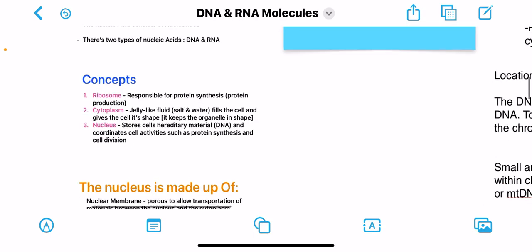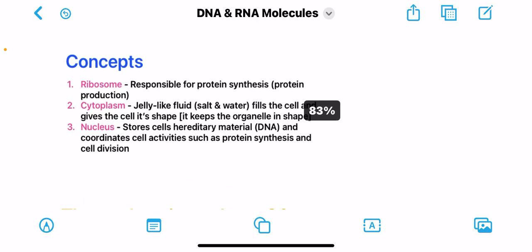We are going to focus on the concepts that are mainly important inside DNA. We have the ribosome. The ribosome is responsible for protein synthesis, which is protein production. And this protein production is not the proteins that build you up.